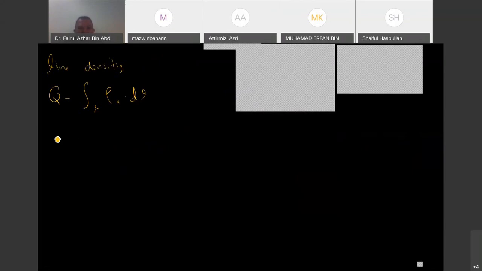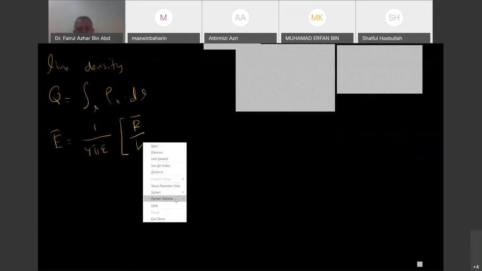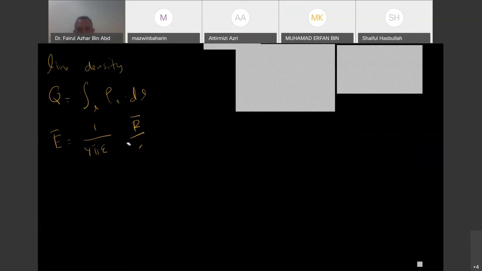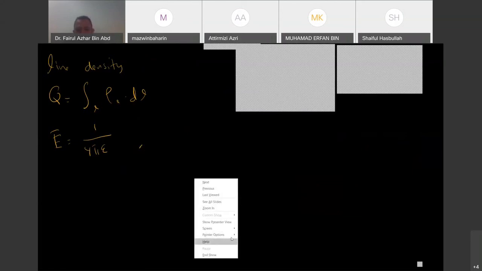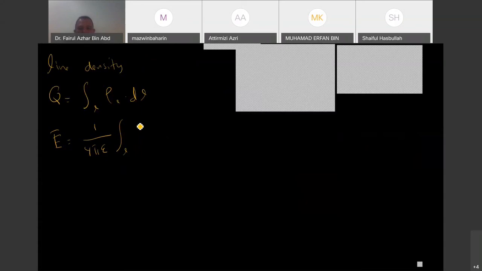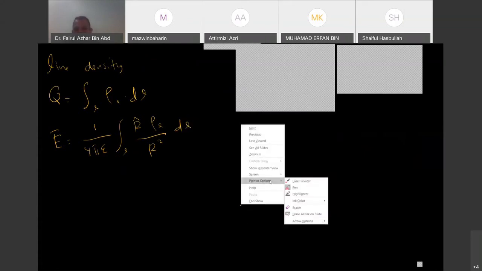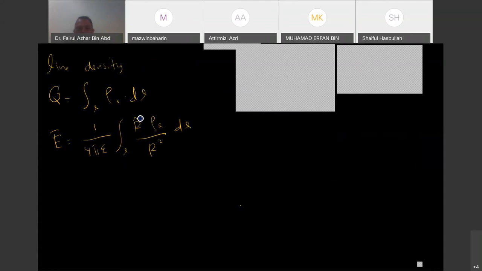Because of that, the expression for E will change into 1 divided by 4 pi epsilon, multiplied by the line integration of unit vector R, rho L, divided by R squared, dl. Again, as we can see here, we have the expression for R cap.